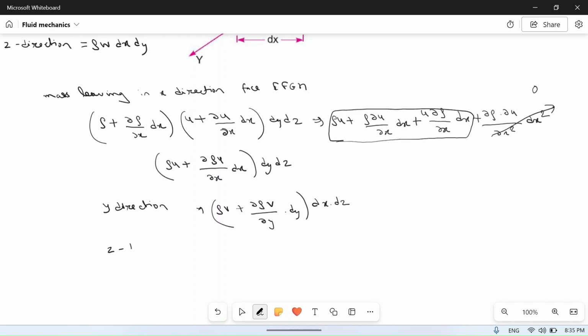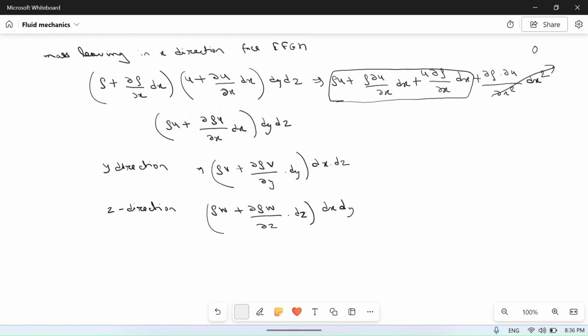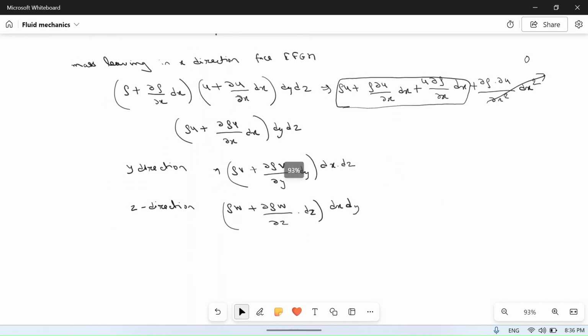In the z direction the mass exit will be rho w plus del rho w by del z into dz, multiplied by dx into dy. So this is the mass exiting in the x, y and z directions.